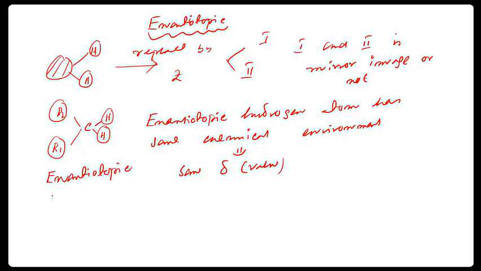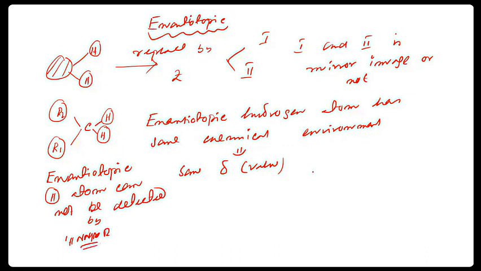Enantiotopic H atoms cannot be detected by 1H NMR. But there is a way out also. But is it absolutely right?